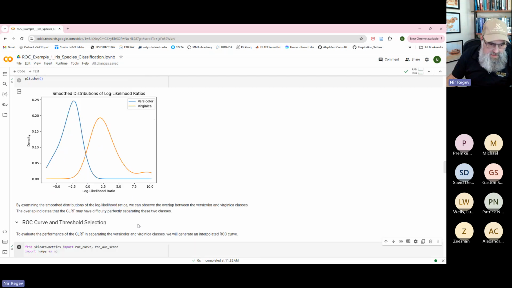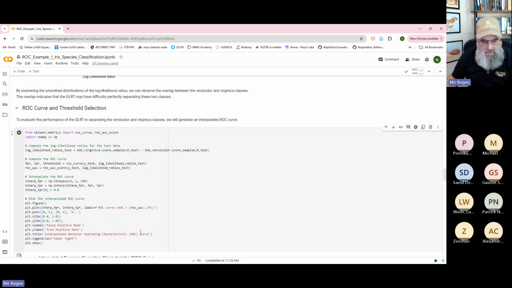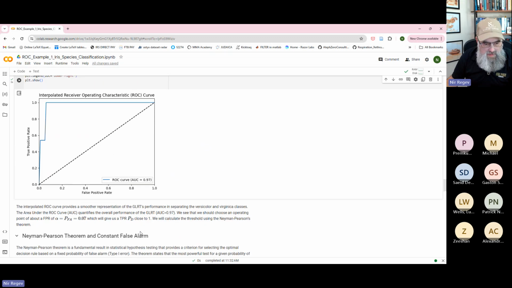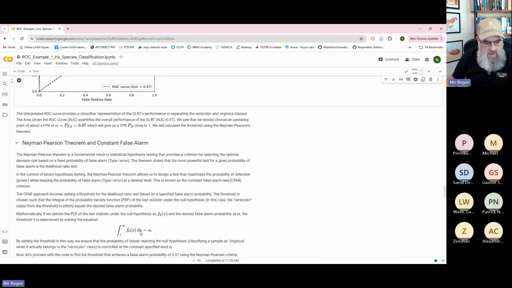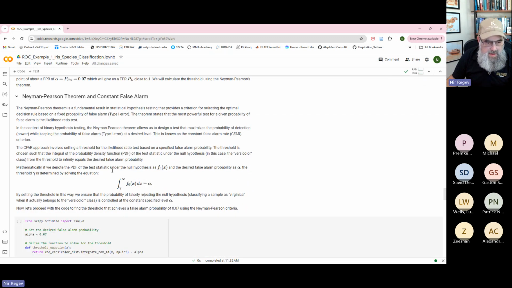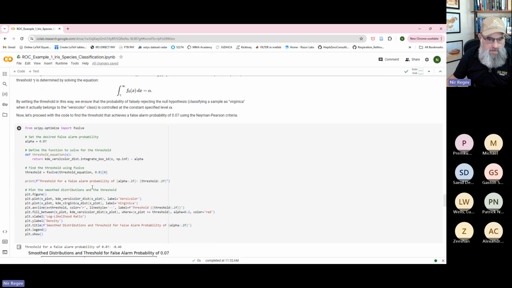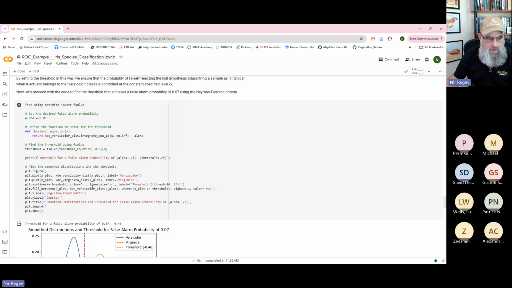This is called the most powerful, or locally most powerful detector, and what I described in words, you can see here. The integral from gamma up to infinity of the null PDF is this false alarm rate, which we set to be 0.07, right here.